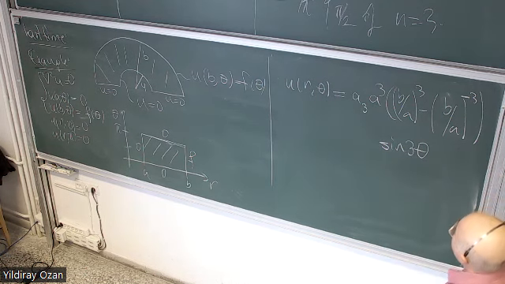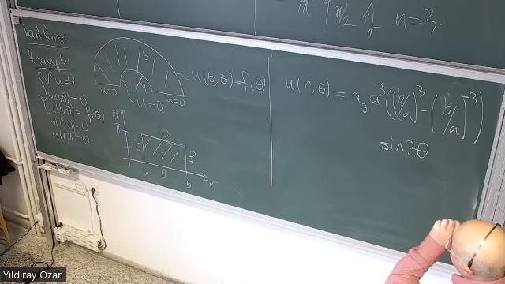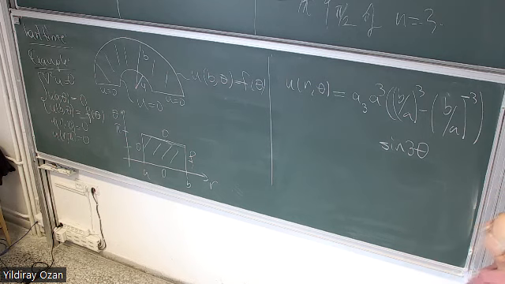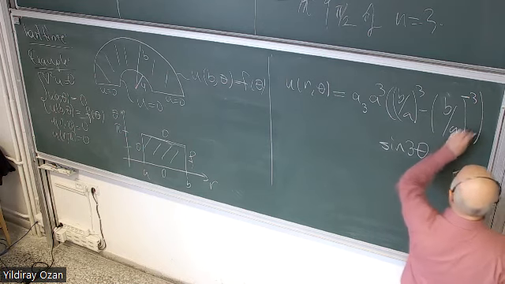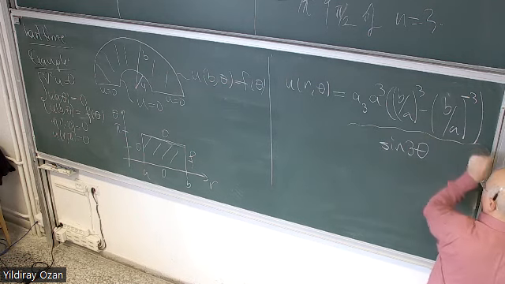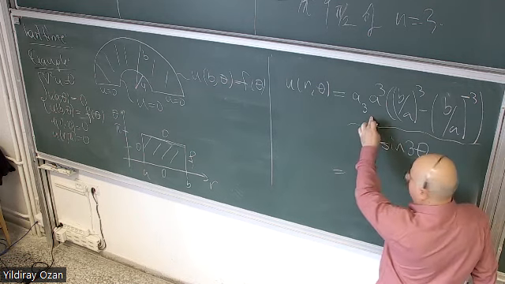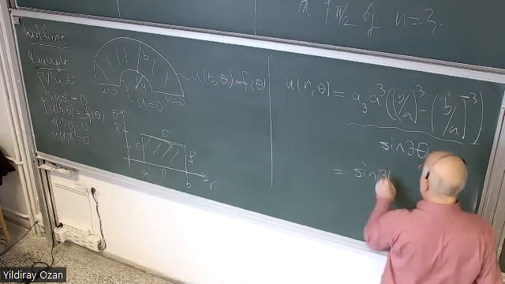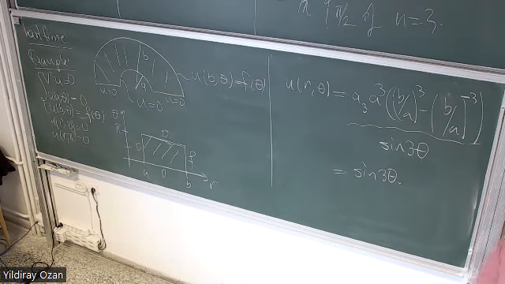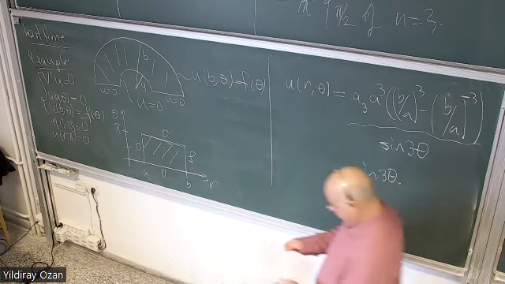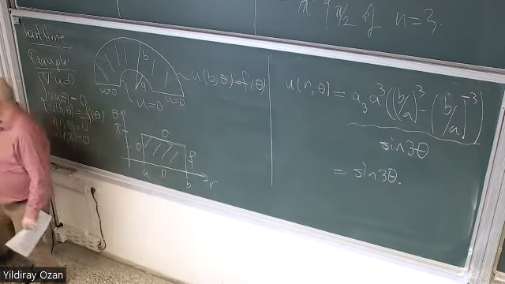Okay. A3 is actually 1. Değil mi? Yok. A3 1 değil. Özür dilerim. Bütün ifade 1'e eşit. Yeah. We computed that this whole quantity is just 1. So it is just sine 3 theta. O kadar uğraşıp bunu bulduk. Tamam mı?